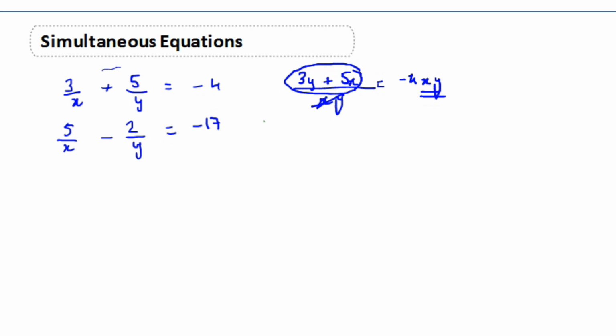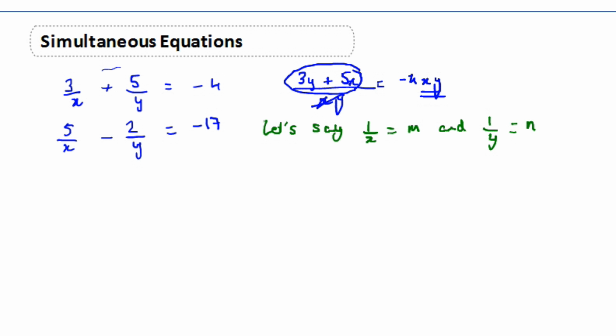So the best way to do it is, what I'm going to do here is I'm going to assume. And what am I going to assume? Let me take my assumptions here. Let's say that 1 upon x is equal to m and 1 upon y is equal to n.